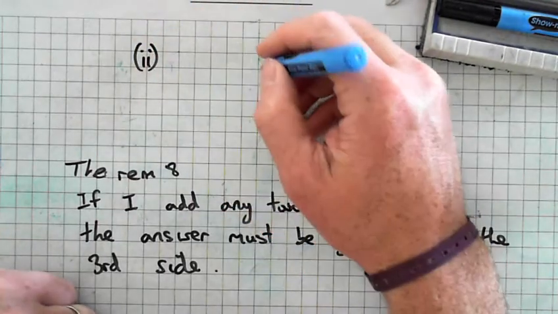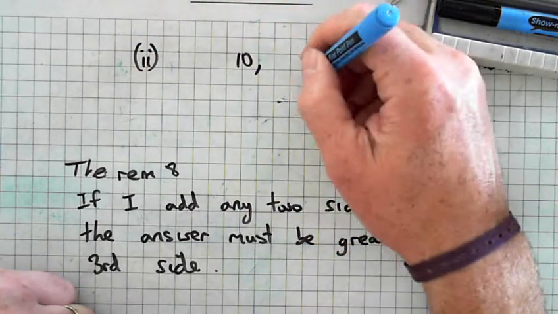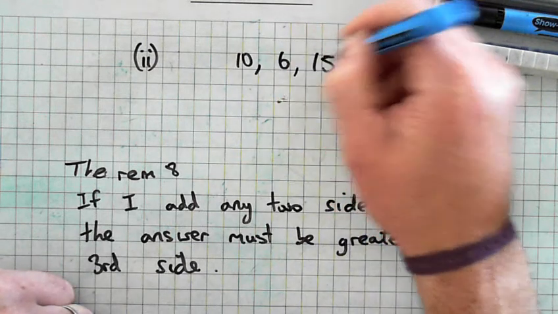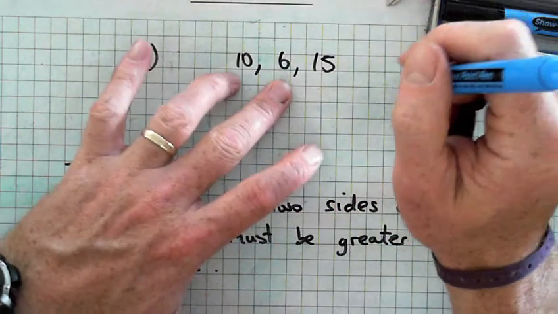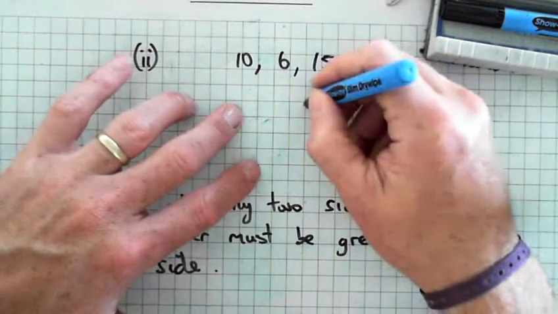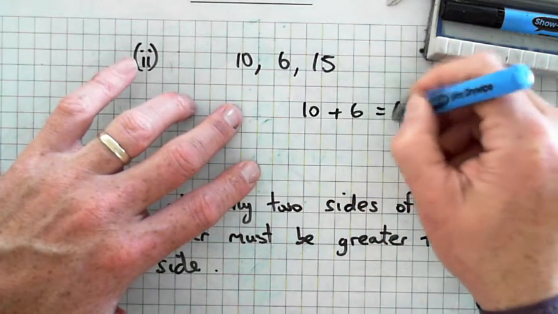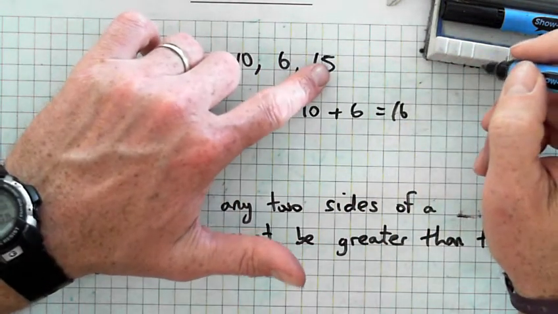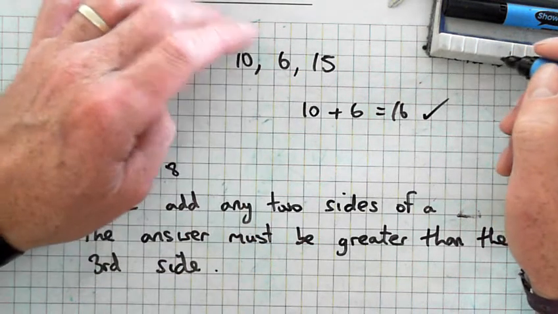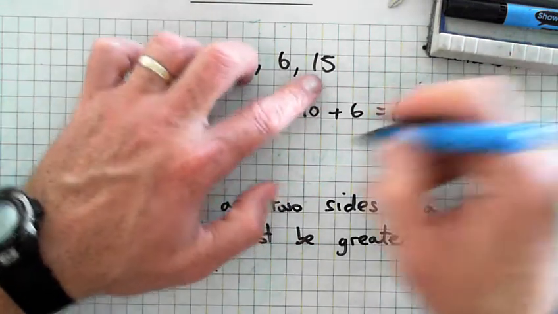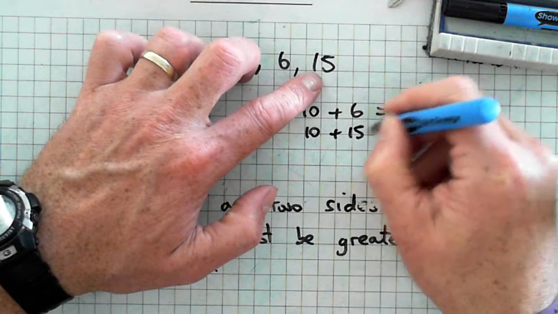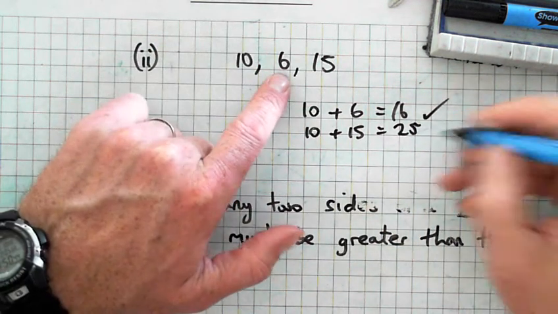Part 2. Another example, 10, 6, 15. If I add two sides, 10 and 6, for example, it's equal to 16. Is that greater than the third side? Yes, that's okay. Try another combination. 10 and 15? 25. Is that greater than the third side?